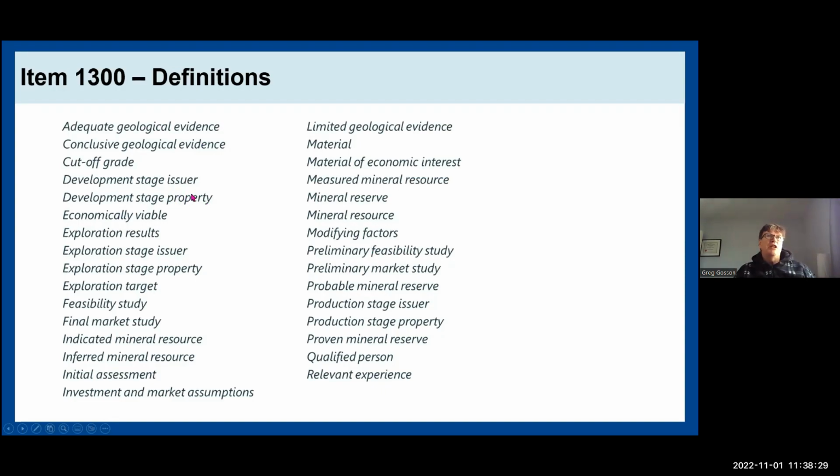They define what economically viable means, exploration results, mineral resources, mineral reserves, the different mining studies, pre-feasibility, feasibility studies, qualified persons, relevant experience. So there's a lot of defined terms, some of which we see in other reporting codes, many of which we don't.